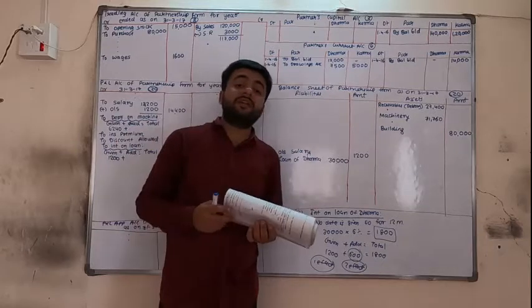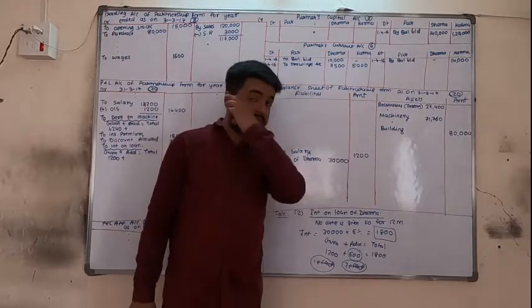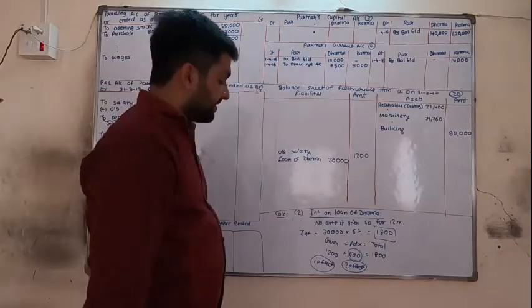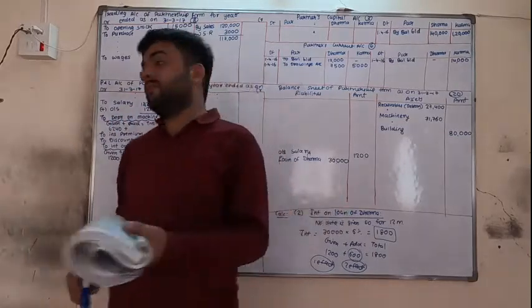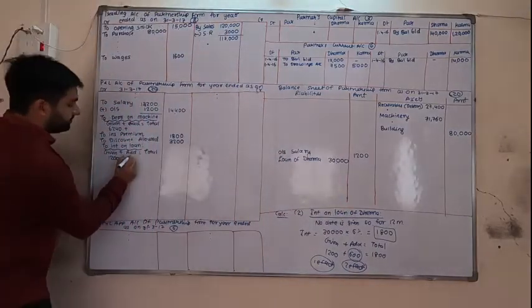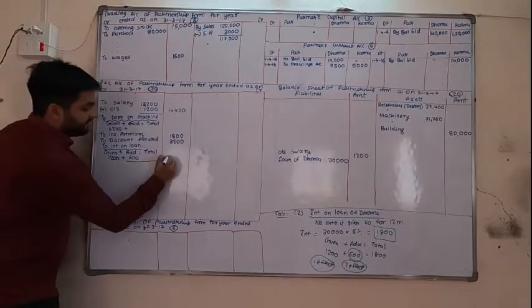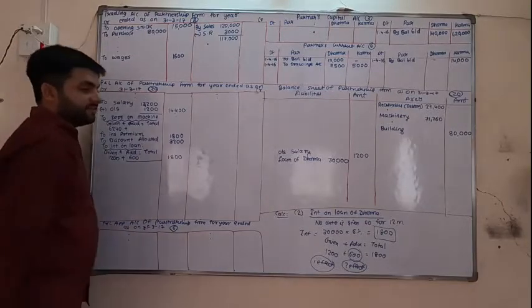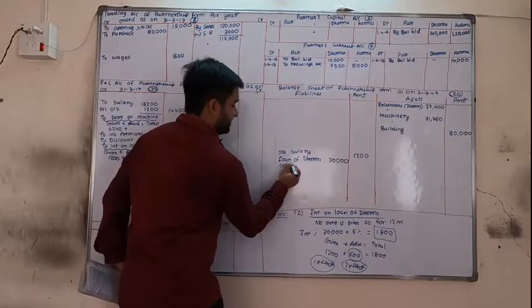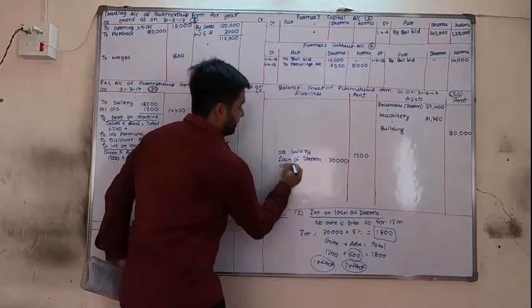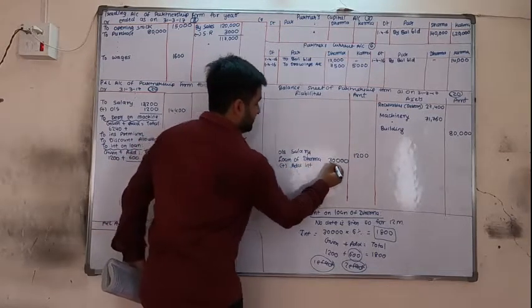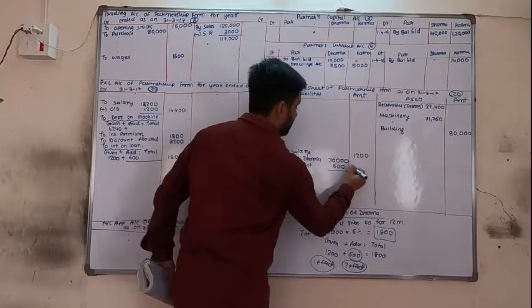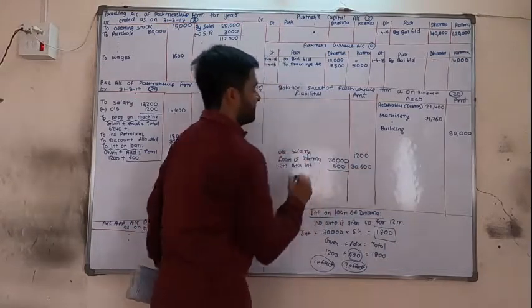I don't need to clear it again because we have already seen it in previous terms. So plus 600 directly in the outer column 1800, and here plus additional interest 600, so in the outer column 30,600.